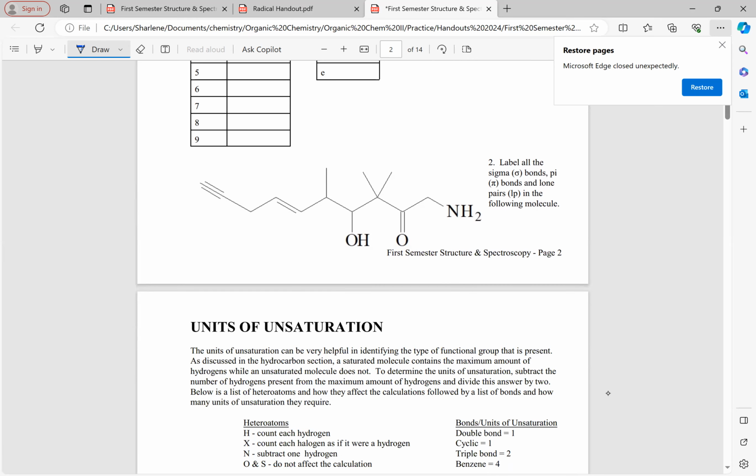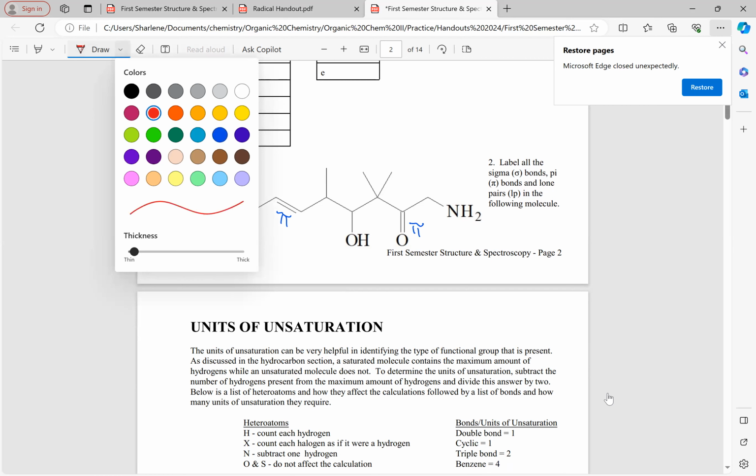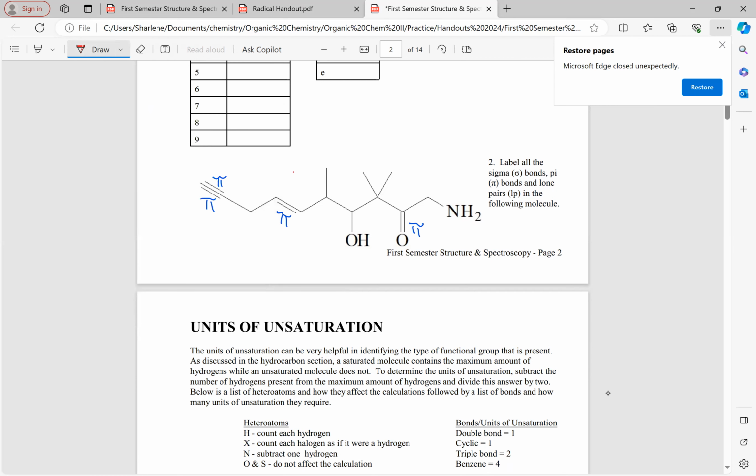All right, so label all the sigma bonds, the pi bonds. So the pi bonds are easy. Anytime it's a multiple bond, even if it's between heteroatoms, that's going to be a pi bond. Change colors. All right, sigma bonds, there's always a sigma bond. So there's a sigma bond in there and there. And remember, that is drawn, so that's a sigma bond too.